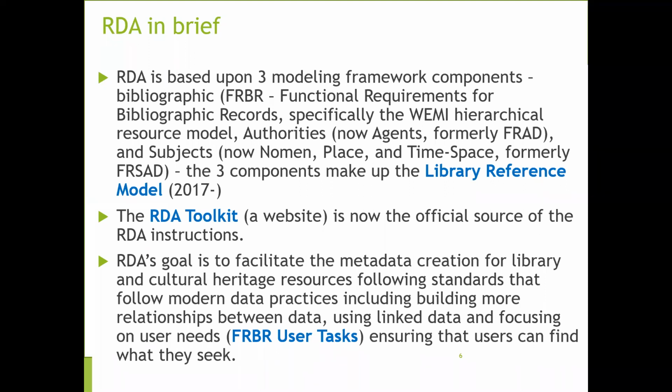So if you're looking at the RDA Toolkit, which is a website, that is now the official source of the RDA instructions. So that's how you find out how to catalog something. Now, if you are copy cataloging, or you're receiving records, or you're doing something else, you may have your own procedures in-house, or you may share procedures across your system or consortia, whatever.